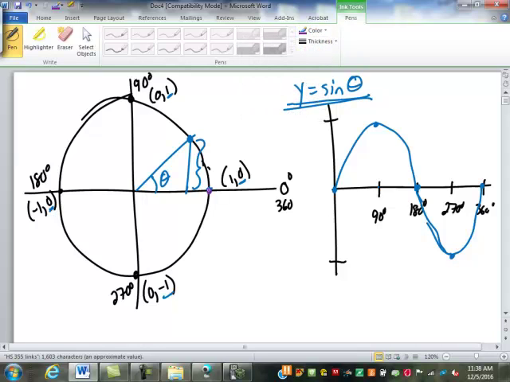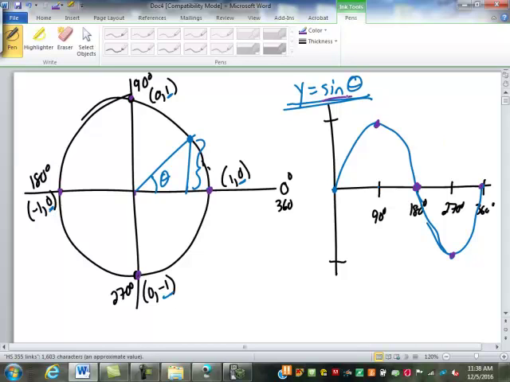So yeah, as you can see here, at 0 degrees, sine is 0. It's 0 above the x-axis. At 90 degrees, it's at a positive 1, so that's why I put the point there. At 180 degrees, it's at 0 again, so that's why there's a point here. At 270, it's at negative 1, so that's why we got the point down there. Then at 360, we're back to 0.